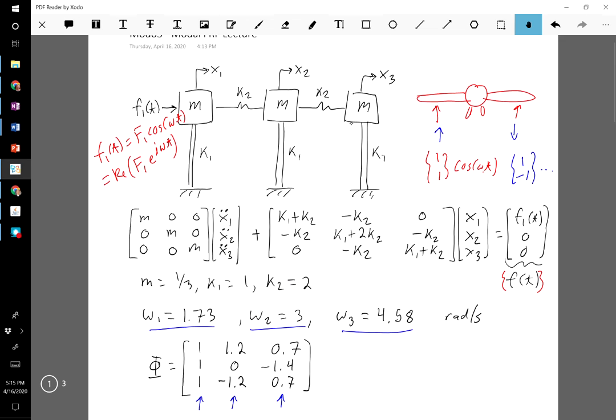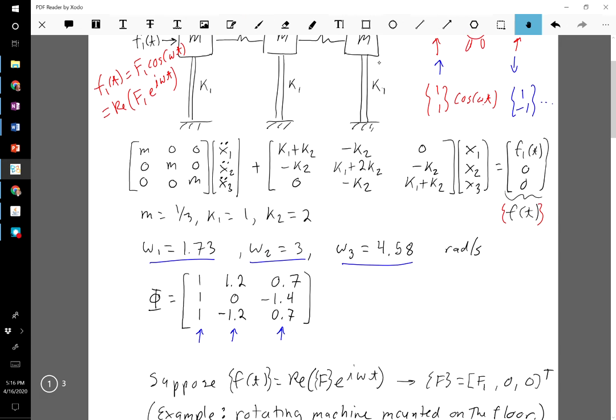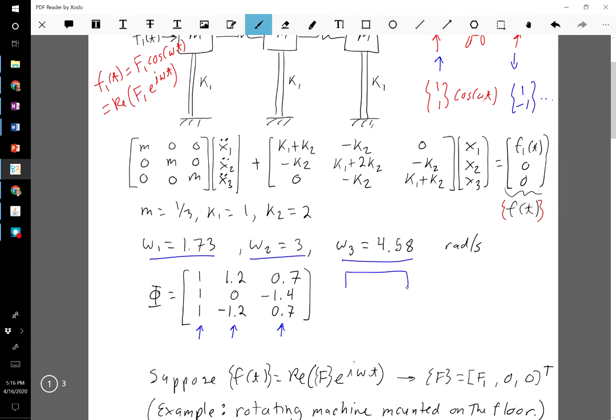Well, 1 1 1 means that all of these masses are displacing the same amount. So we could redraw that system as one big mass, 3 masses all joined together, and 3 springs, all K1.